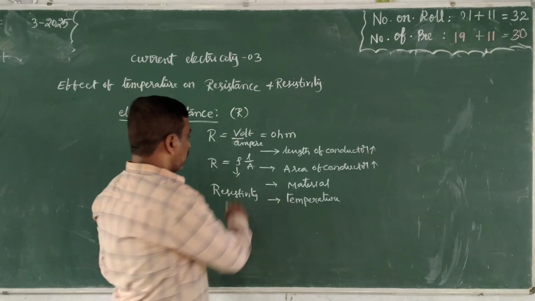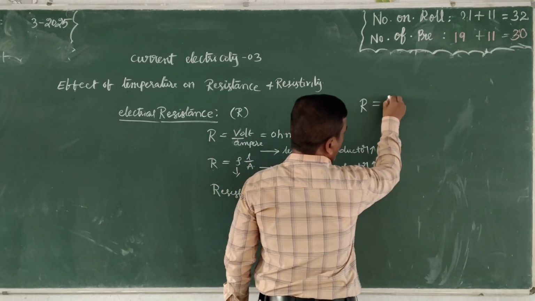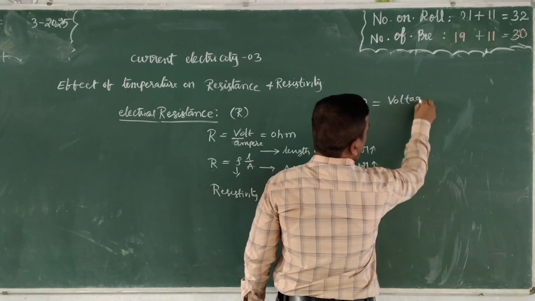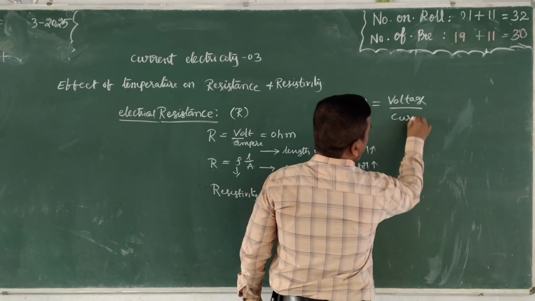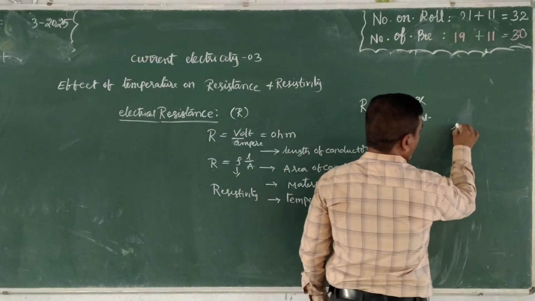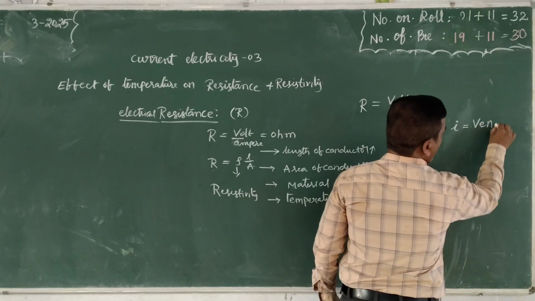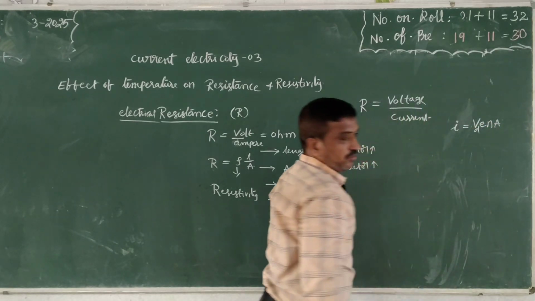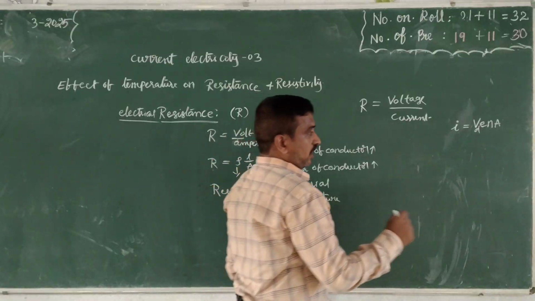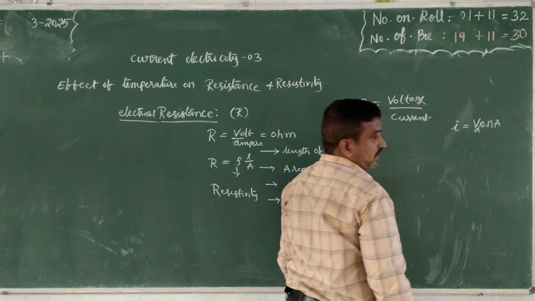See here, here rho is there. So before that, R we can write as voltage by current. Before we derive, current I equals v_d e n A, where v_d is drift velocity, e is charge on electron, n is number density, meaning number of free electrons per unit volume, and A is area of cross section.